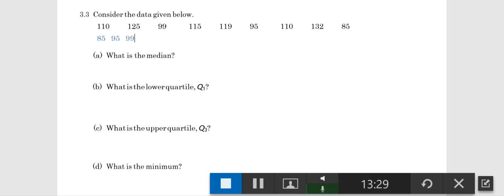Then I have 110 twice, so I need to list it both times. Then 115. I thought there was one lower than 115, but there's 119, which is definitely bigger. Then 125, and then 132.